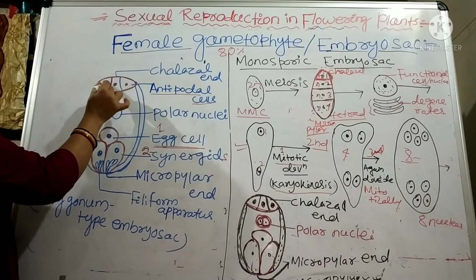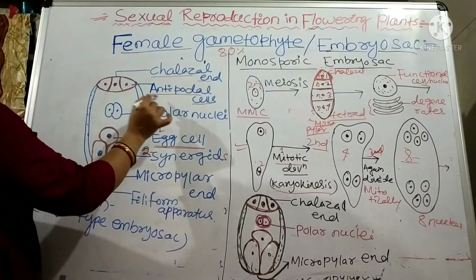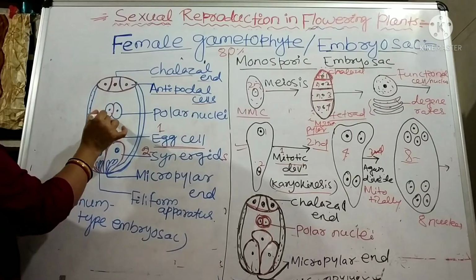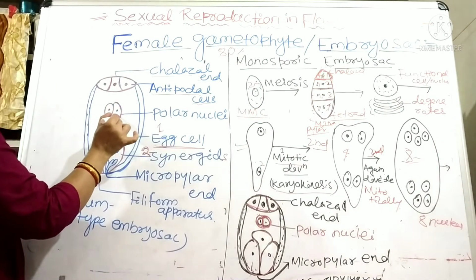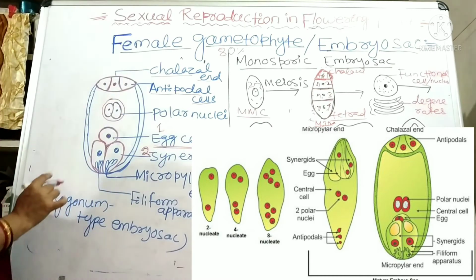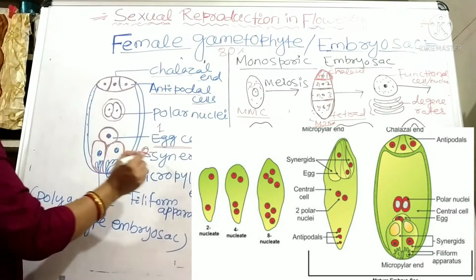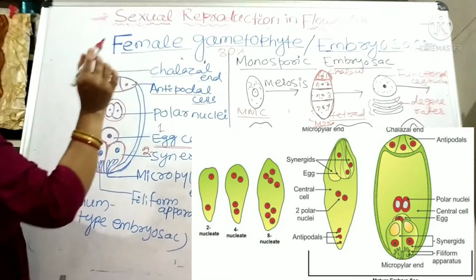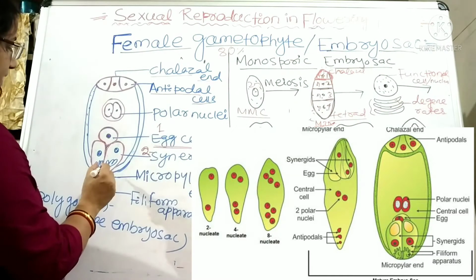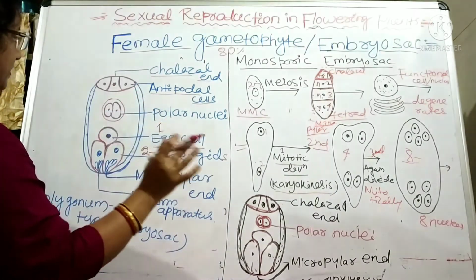The 3 cells present at the chalazal end are known as antipodal cells, and the 2 nuclei in the center are known as polar nuclei. Of the 3 at the micropylar end, 2 are known as synergids and 1 is the egg cell. Okay, inside the synergid there is a finger-like projection known as the filiform apparatus.